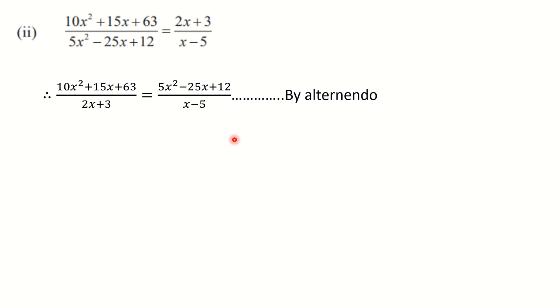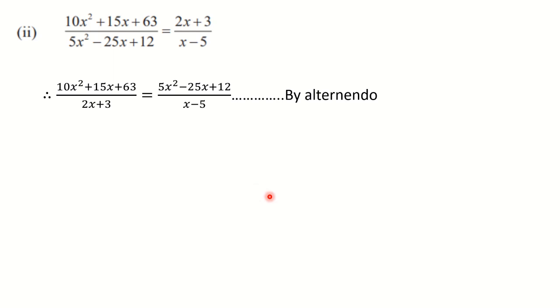Again you have to go for dividendo, so similar steps you are going to follow, and in this case x square is going to get cancelled, so no question of x equal to 0 also. So this will become simpler, only this step is different. I hope you must have noted down these two steps and you will try by yourself.